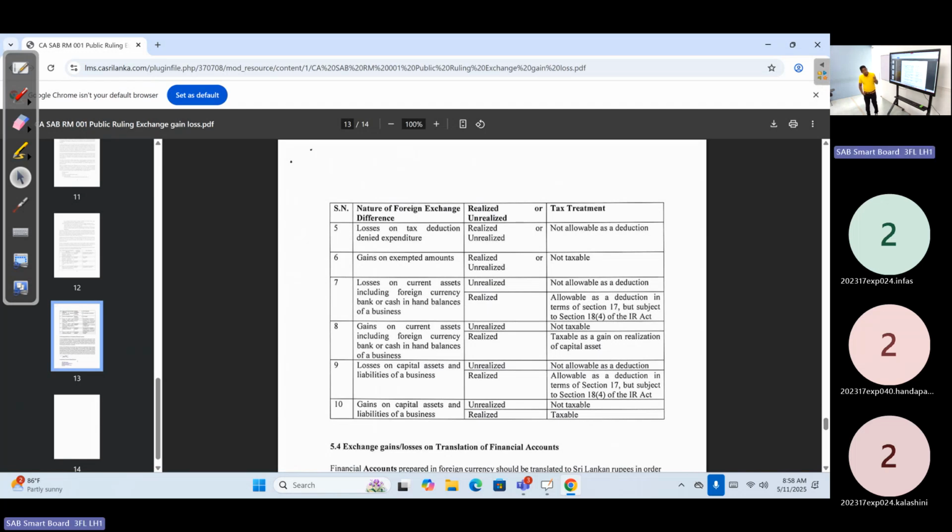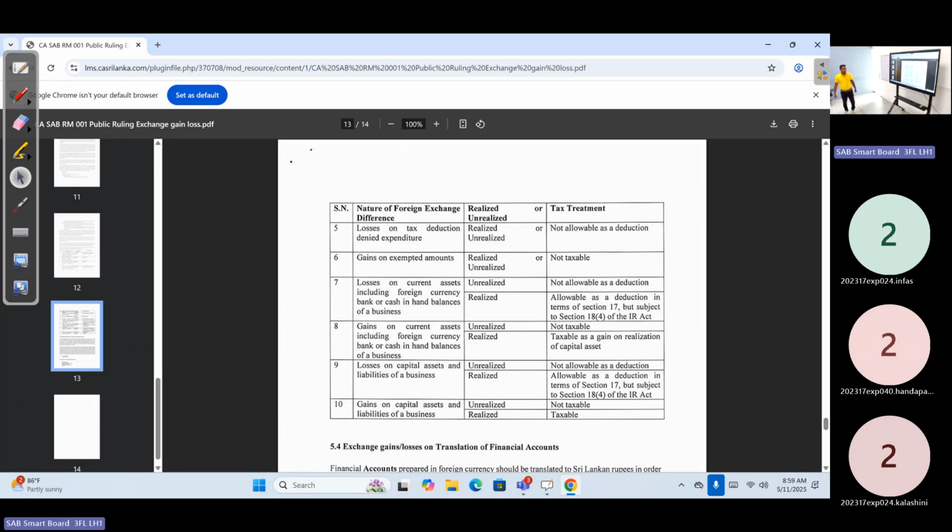So then, in that context, we have to work out what is the amount. We have to recognize what is the amount realized, what is the amount unrealized. So unrealized we are not considering as a part of the value of the transaction. If it is realized, yes. And if it is connected to the expenditure, we have to check whether it is deductible or non-deductible expenditure, and income, whether it is taxable or non-taxable or exempt. Like that, we have to consider.